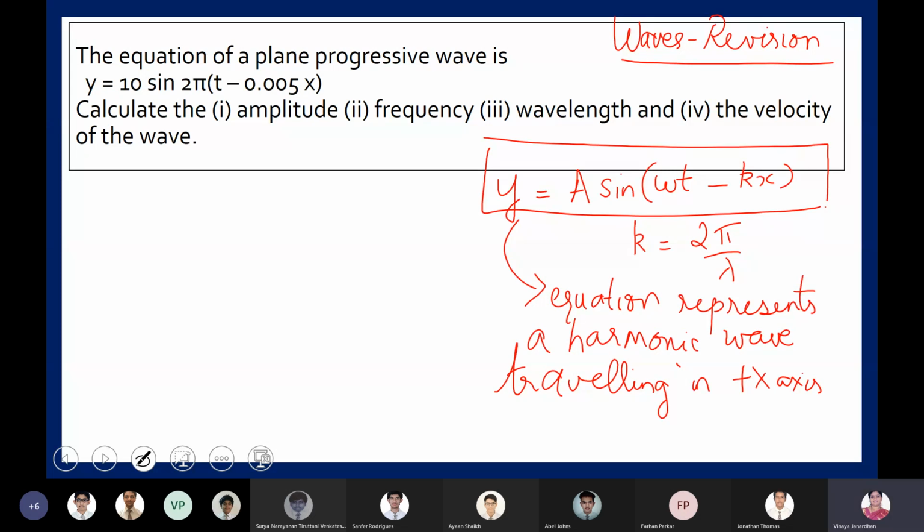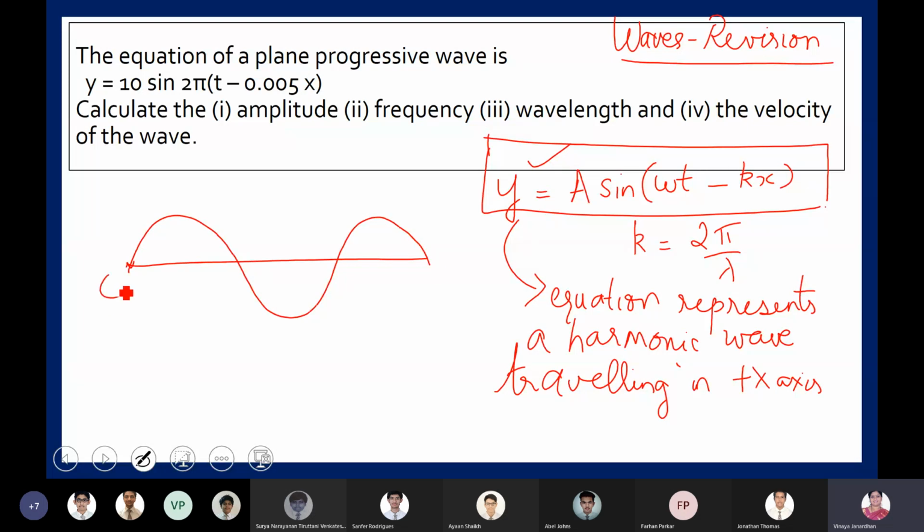So, the general equation for the displacement of a plane progressive wave. Please understand the significance of this expression. When a wave travels through a medium, it makes the particles of the medium vibrate.